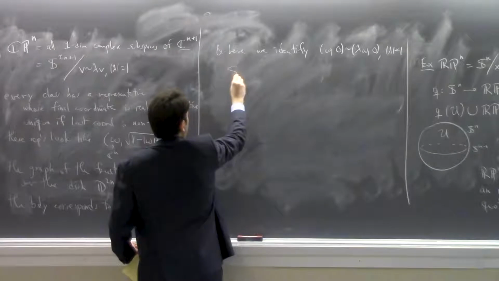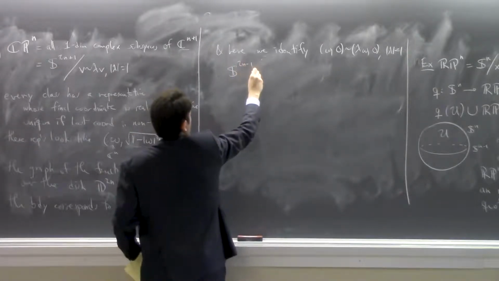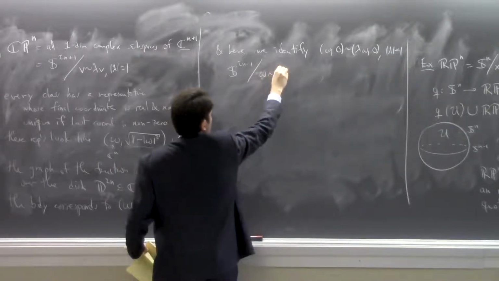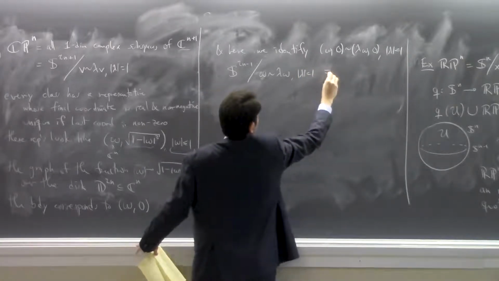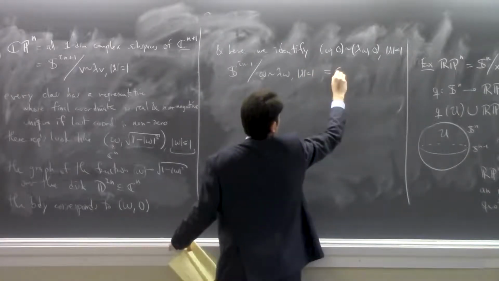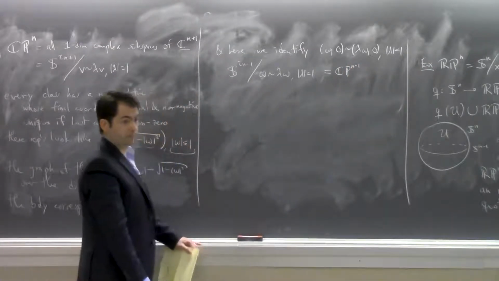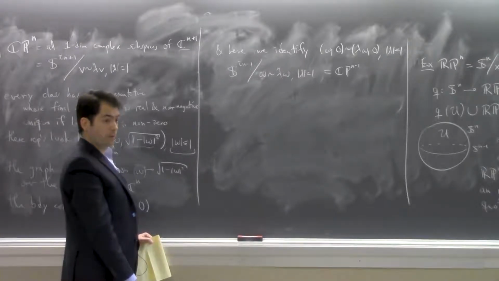Right, so this boundary is S^(2n-1), and we're modding out by omega identified with this if |lambda| is equal to 1. So this is just CP^(n-1).